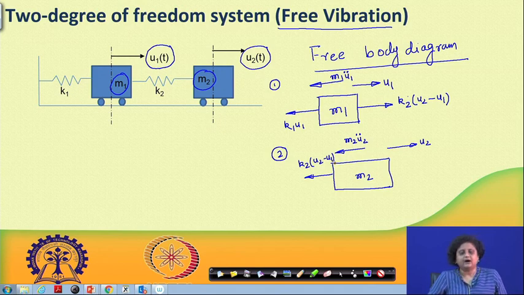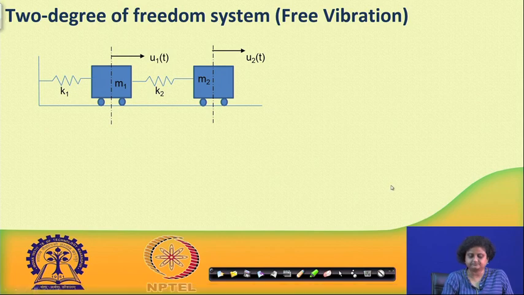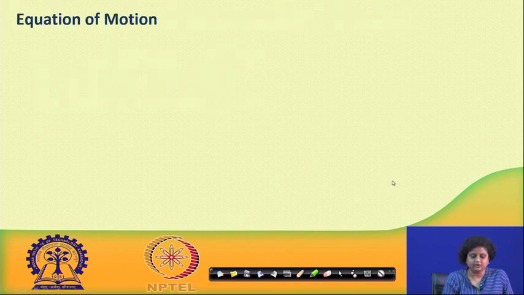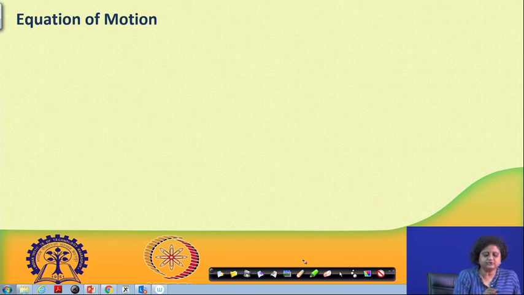So, these are the two free body diagrams of the system. If this is the free body diagram, from the balancing of forces we can find the equation of motion of the system. To write down the equation of motion, I just have to write the force balance equation.